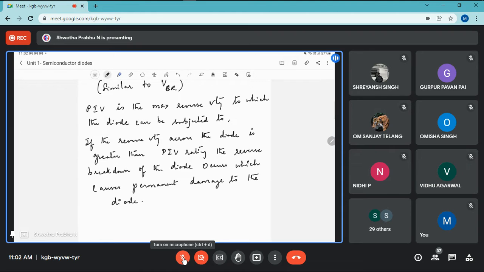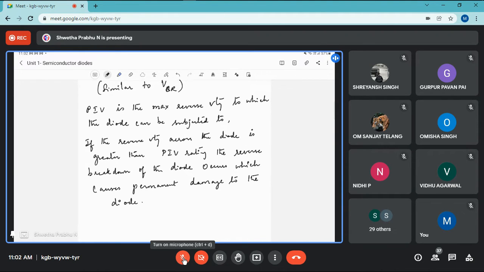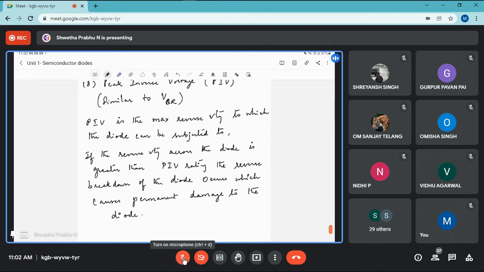So this PIV rating is similar to the reverse breakdown voltage you have come across under semiconductor diodes. If you keep increasing the reverse voltage, the diode cannot sustain that much input voltage.